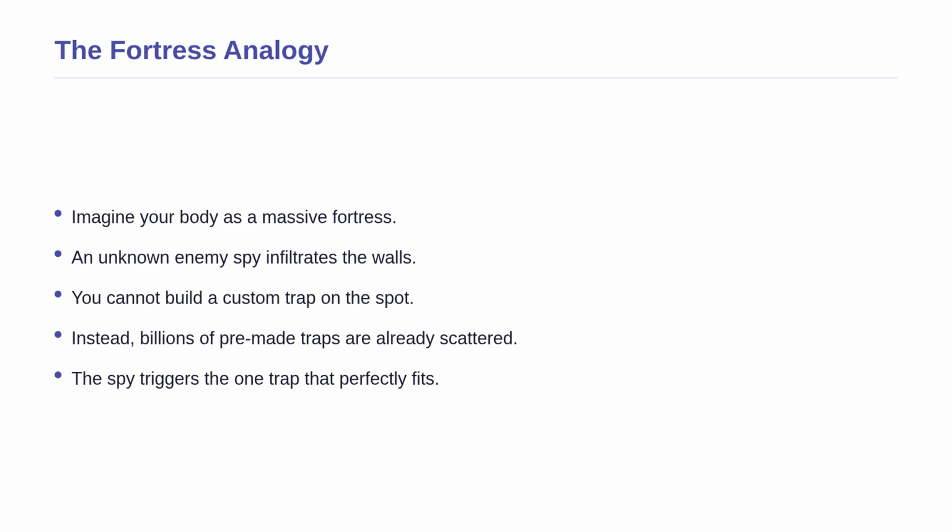Instead, you already have billions of different pre-made traps scattered throughout the fortress. When the spy accidentally steps into the one trap that perfectly fits their footprint, that specific trap sends an alarm. You then immediately manufacture millions of exact copies of that successful trap. Your immune system does not design a new weapon from scratch, it selects a pre-existing one.